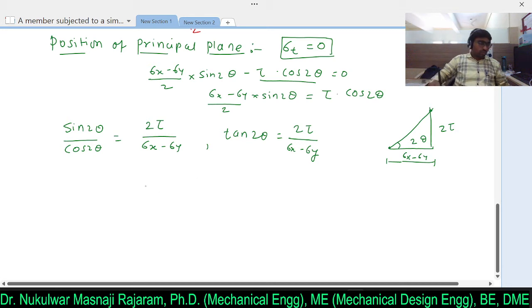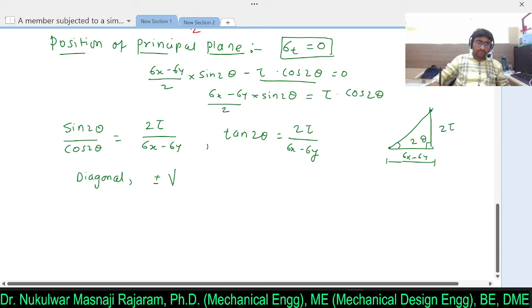Clear? If you want to evaluate the diagonal, as it is a right angle triangle, I can write the diagonal as plus or minus under root of base square and height square.